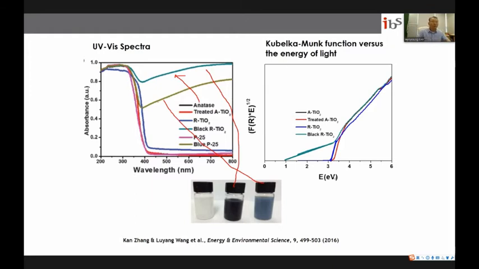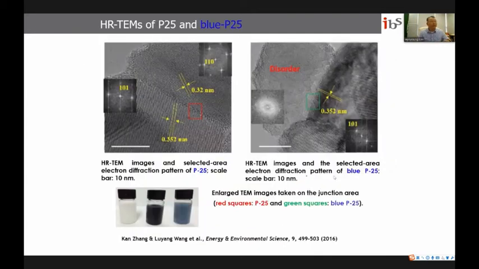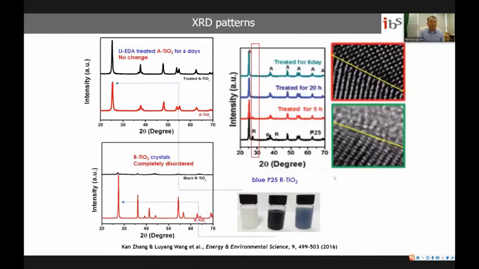Okay, we found that our material has a band gap of about 2-point-something electron volts. This is an example of the TEM. This is the rutile phase, this is the anatase phase in the mixed phase, and after treatment with our lithium EDA solution, only the rutile phase is disordered.